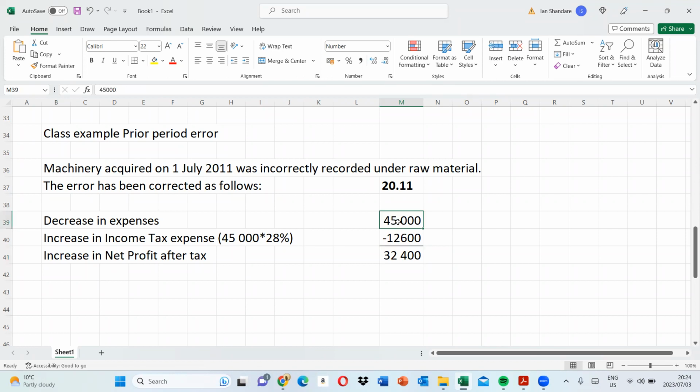Remember, decrease in expense is a positive. So the income tax had to carry an opposite sign, which is a negative, so that we show these two amounts are netting off each other. In other words, they're decreasing each other so that we end up with an increase in net profit. I don't know if I did answer you in that regard.